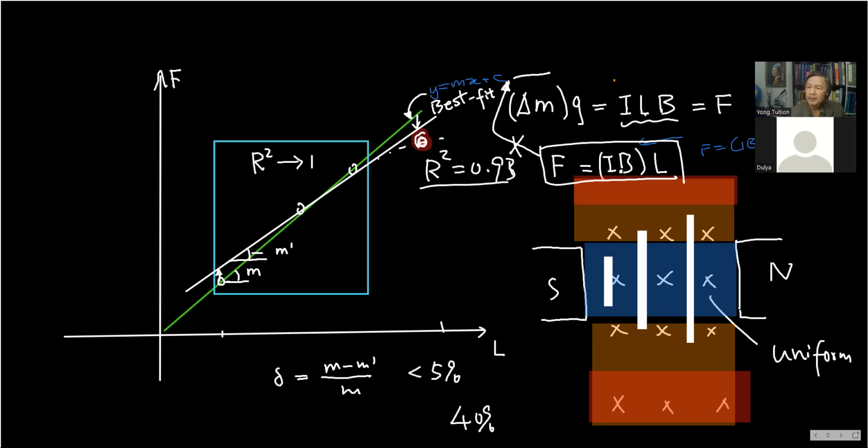Because in your case, you have two uncertainties. One is that we cannot trust the measurement of the magnetic field. If you use the formula, that could be quite different from your best fit. This is just a little bit exaggerated. This red color comes from your formula.